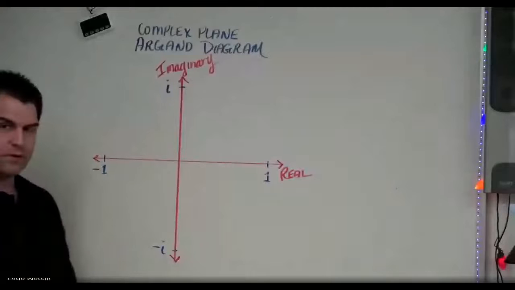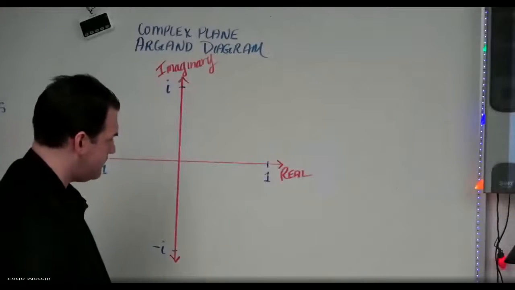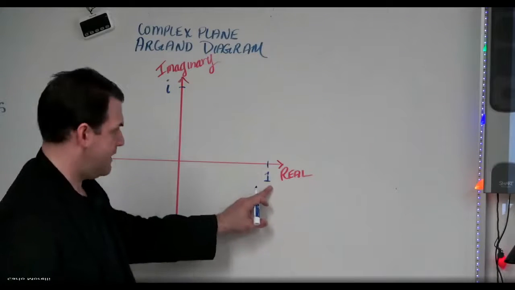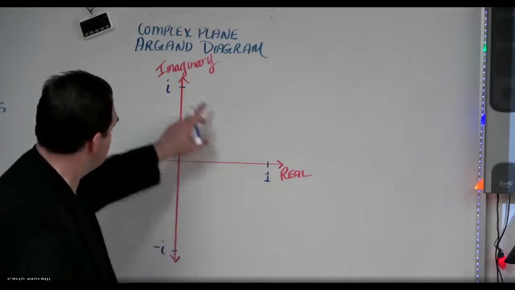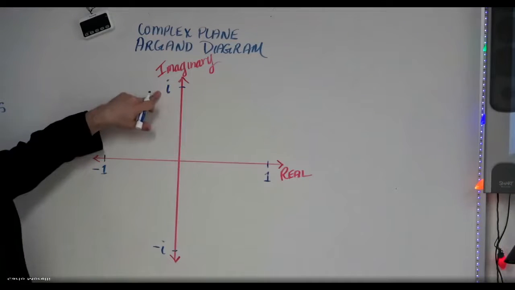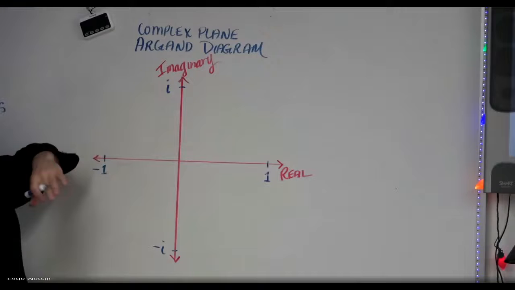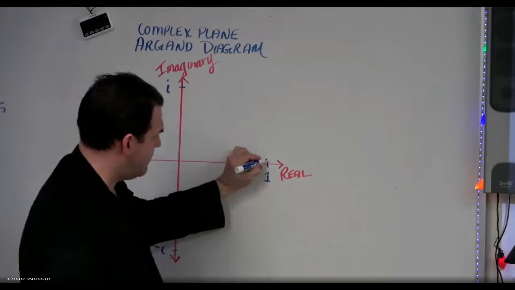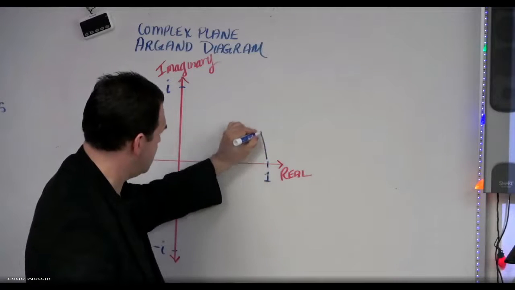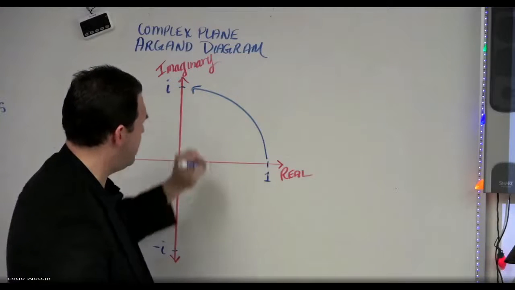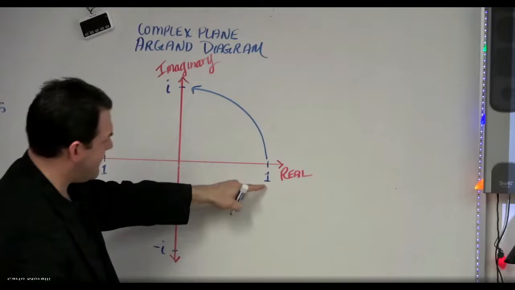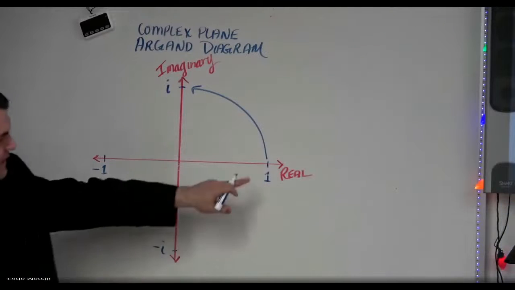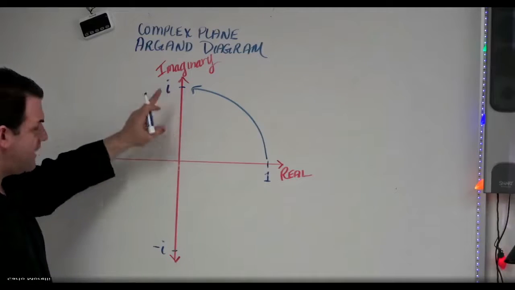So I want you to watch this, all right? 1 times i is i. Does that make sense? Just like 1 times x is 1x, we just call it x. So I want you to draw this with your pen or pencil. I want you to draw, this is a counterclockwise rotation of 90 degrees.